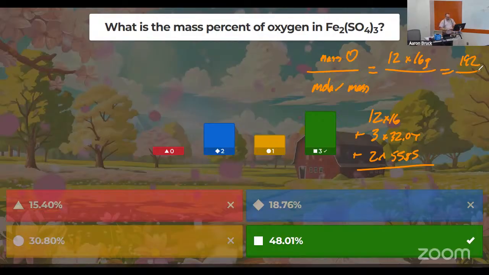If I add to that 32.07 times 3 and 55.85 times 2, I get 399.91. And so, yeah, 192 divided by 399.81 is 48%. So green square would be the correct answer there.